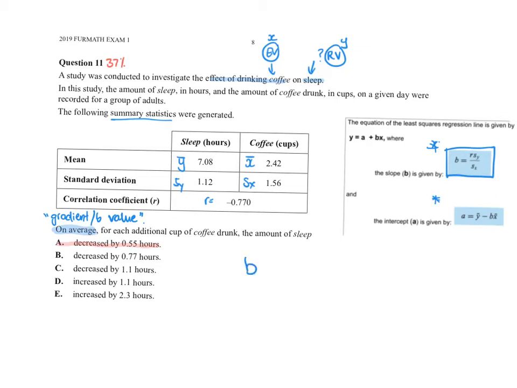B equals R, which they've given me, 0.770, times SY, which is 1.12, over SX, which is 1.56. I get the answer negative 0.55, which means decreased. So you really need to be careful and decide what's your response variable and what's your explanatory, because you can see they've flipped them around the other way. We normally see X written first and Y second.